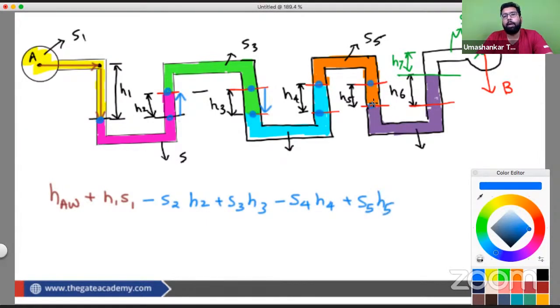Now we can directly jump, and then we are moving upwards, so S6H6, and then moving further upwards, so minus S7H7, and then we have reached this point. Now we are moving horizontally, nothing to be written, and once we reach this B point, we put it equal to HBW. So this is what we call the manometric equation in this case.